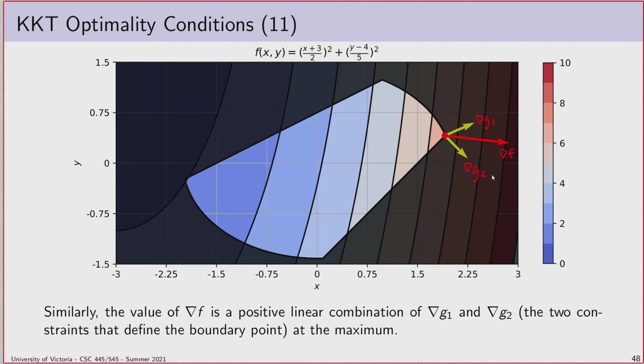Notice again that at this maximum, the direction of the gradient of f lies between the directions of the two constraints that are operative there. More generally, it can be formed as a positive linear combination of those two vectors. So some multiples of those two vectors, positive multiples added together.